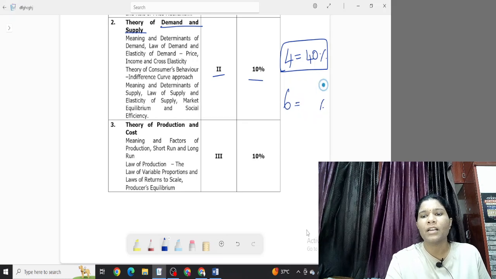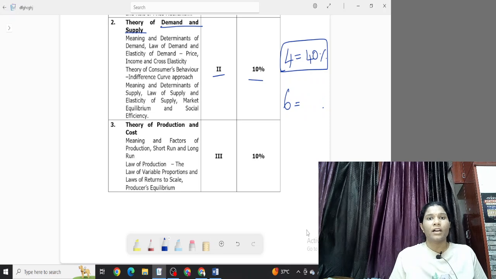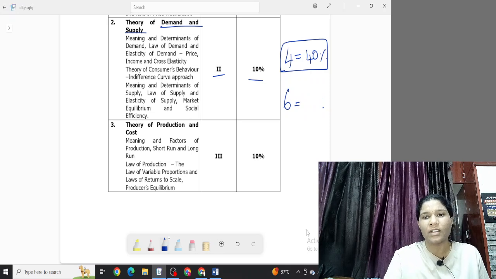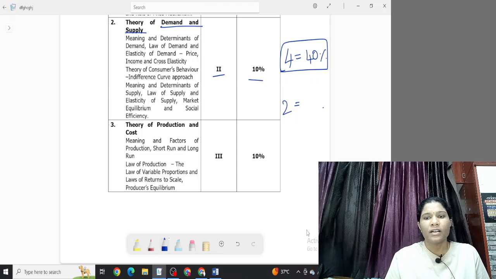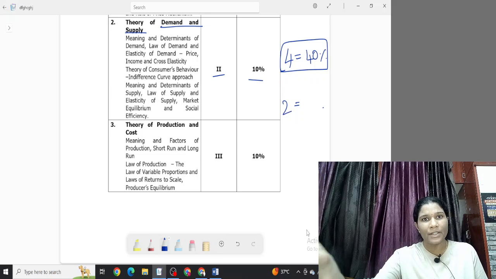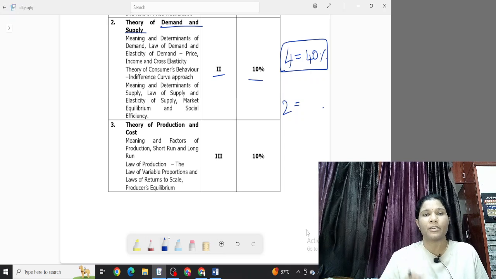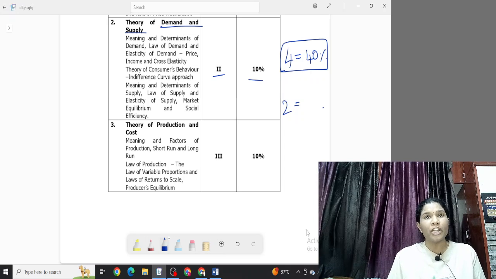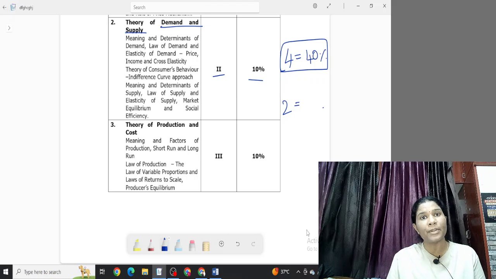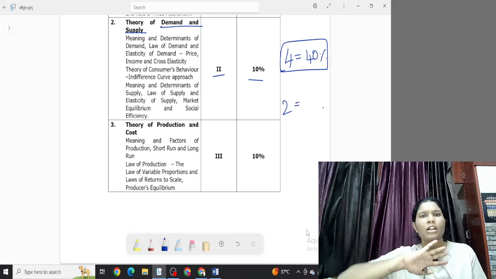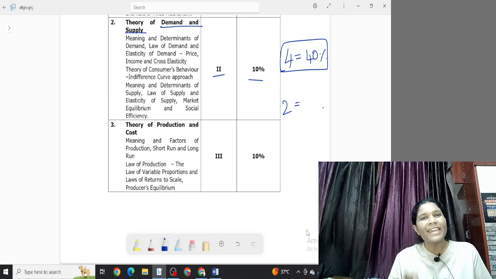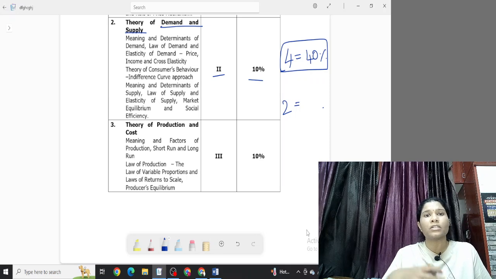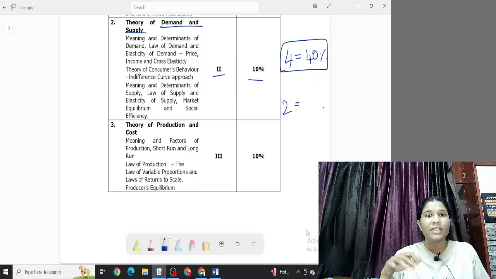And then when it comes to the balance 6 chapters, make sure you give some 70% concentration. So in the forefront, you chose 4 chapters, and those 4 chapters you know like the back of your hand, thoroughly. But the next 2 chapters you pick, you like them, but you're not 100% comfortable with them.